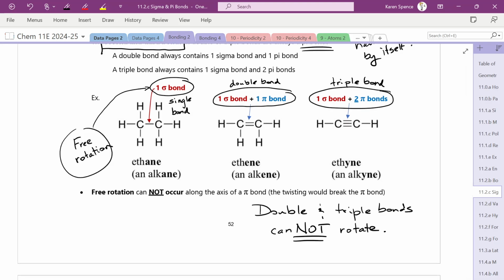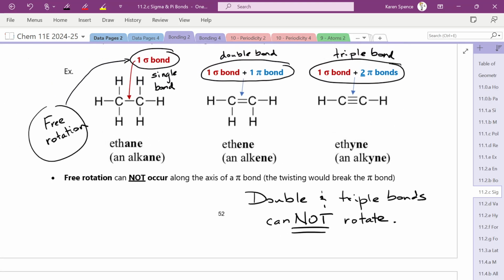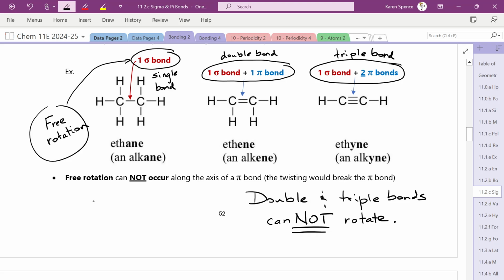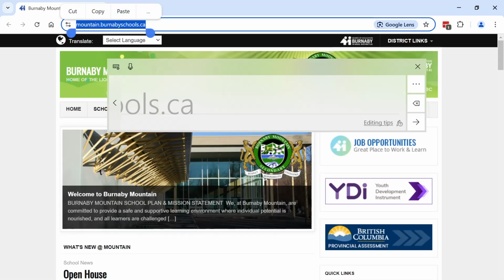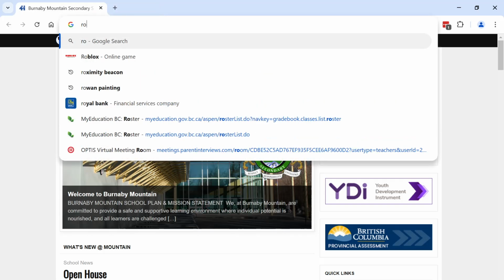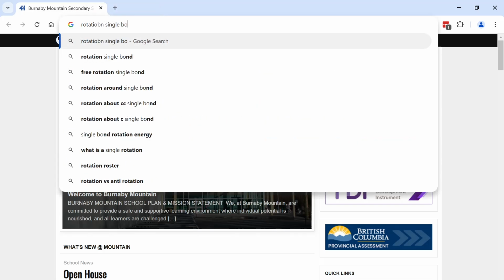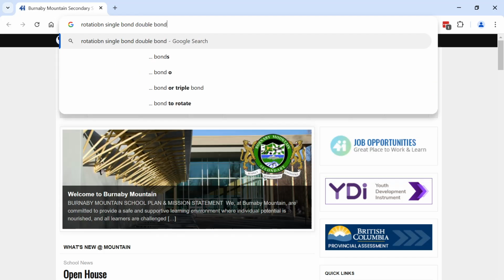Let's see if I've got a video. Double and triple bonds cannot rotate. Single bonds will rotate. Let's see if I can find a little video with that. Rotation, single bond, double bond.